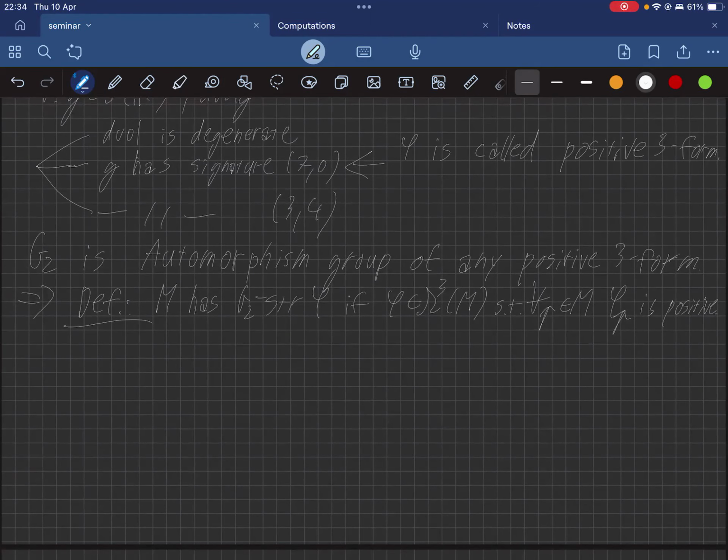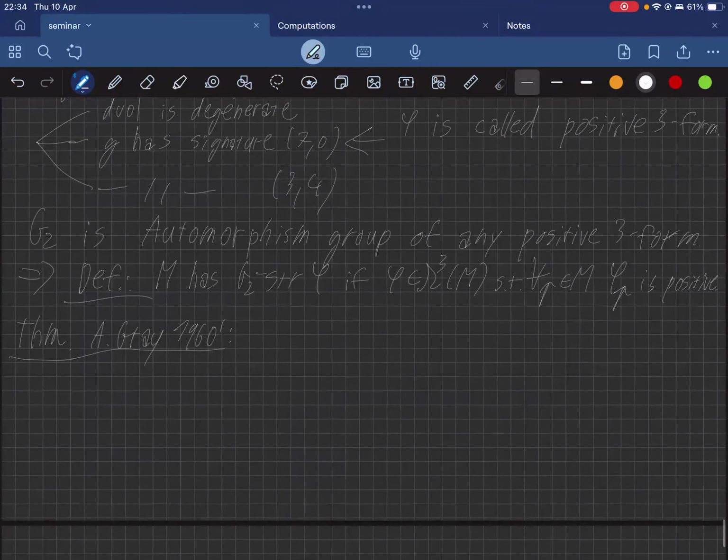Hopefully it does. The nice thing about manifolds with G2 structures is that they are completely classified. This is a theorem of Alfred Gray, from the 1960s. The theorem is as follows.